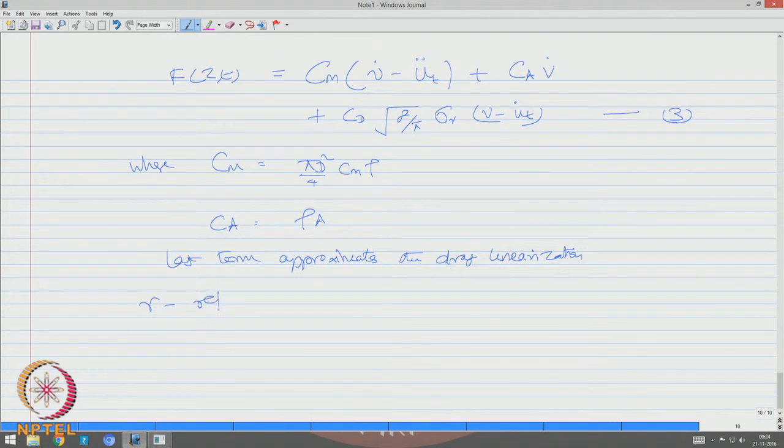R refers to the relative velocity term between the structure and the fluid. So, R is actually v minus u dot of t.